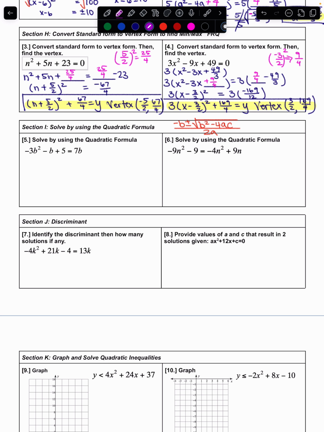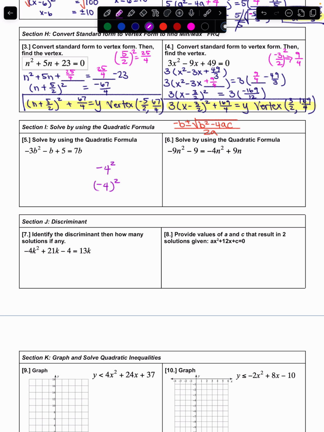Another thing I want to go over is that when you are plugging in your a, b, and c values into the quadratic formula, you need to put parentheses around the values you plug in. What I mean is, let's say you see negative 4 squared, and then you see negative 4, in parentheses, squared.